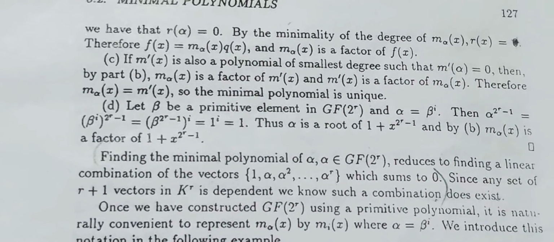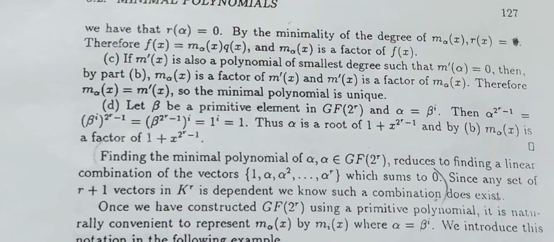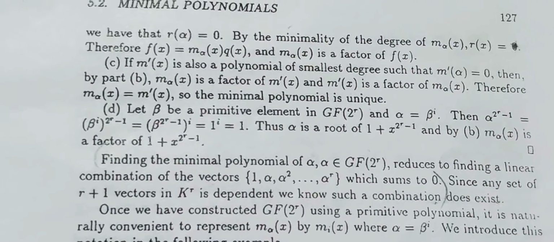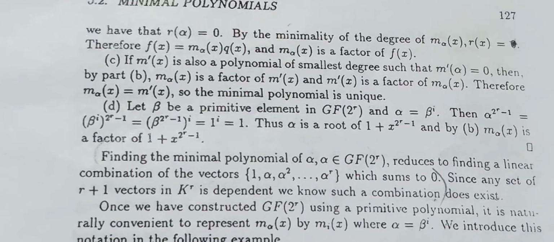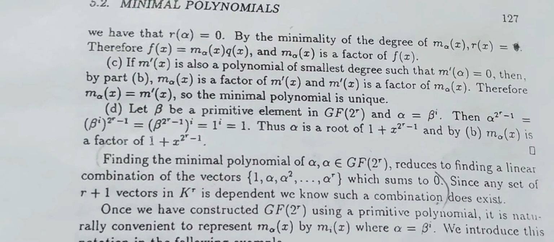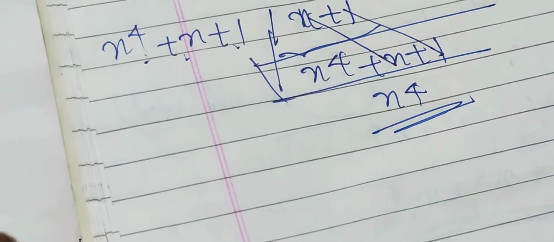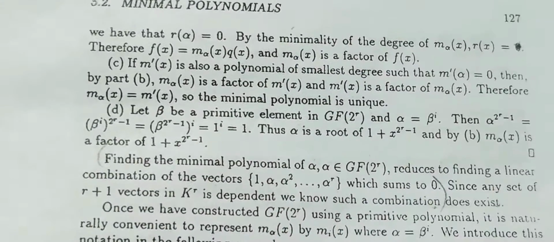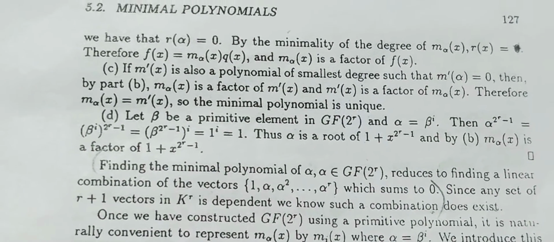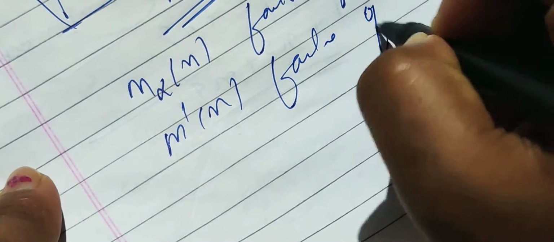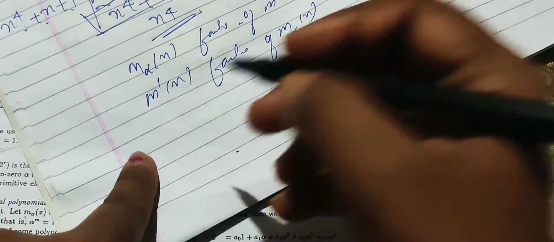So we get m alpha of x is a factor of m dash of x, and also m dash of x is a factor of m alpha of x. Clear? So what it means is, if each is a factor of the other, they are equal.